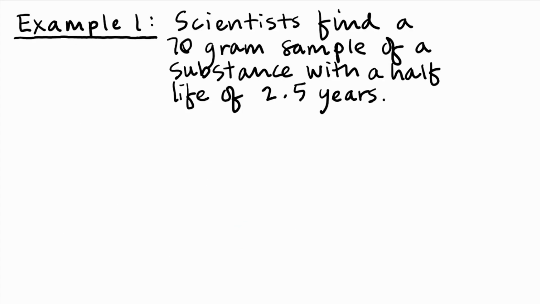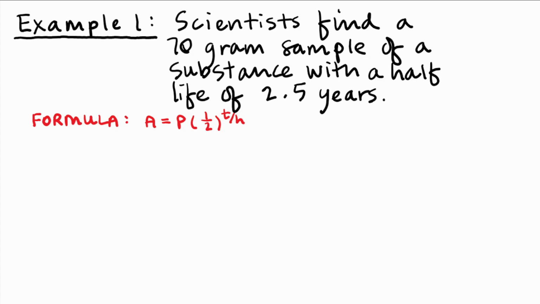So suppose scientists find a 70-gram sample of a substance with a half-life of 2.5 years, and they're going to run some kind of experiment on it. You might first be asked to write a formula that would give the amount of substance at time t years after they found the sample. So we start with the formula, which in this class will always be given to you, and we need to identify the parameters, the starting amount and the half-life.